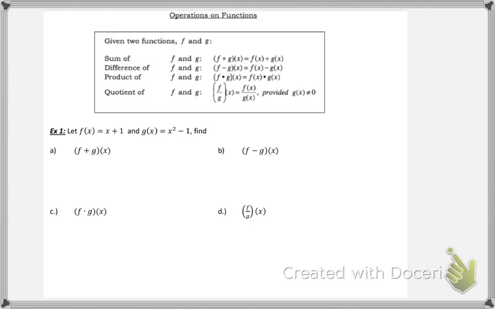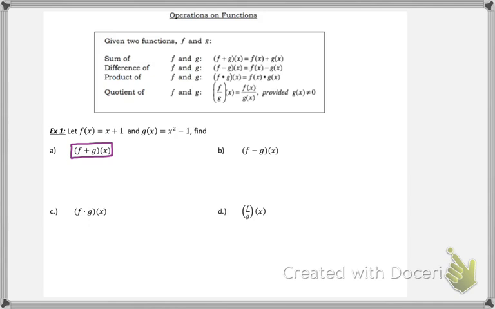Just remember that this is just the name of my function. It does not mean I'm going to add f plus g and then times x. That's not what it means. All this means is I'm going to create a new function by adding f and g, and the input for that new function is just x.